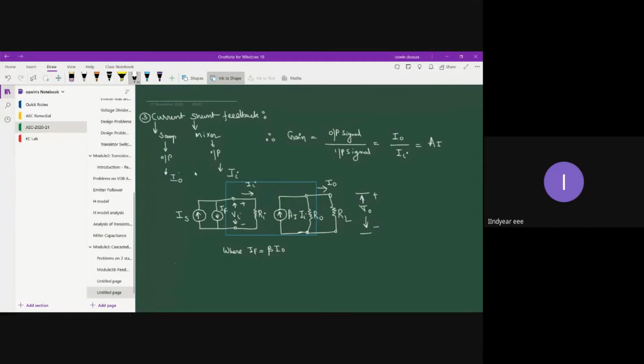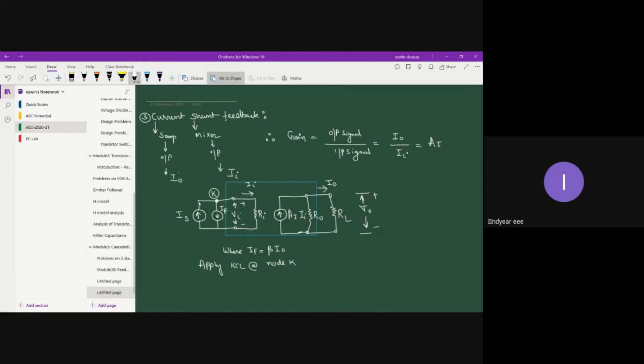All right, fine. So once the equivalent circuit is drawn, you can apply the KCL. Let us apply KCL at node K. So what do we get?